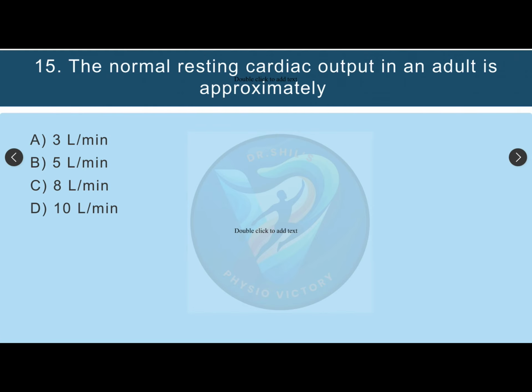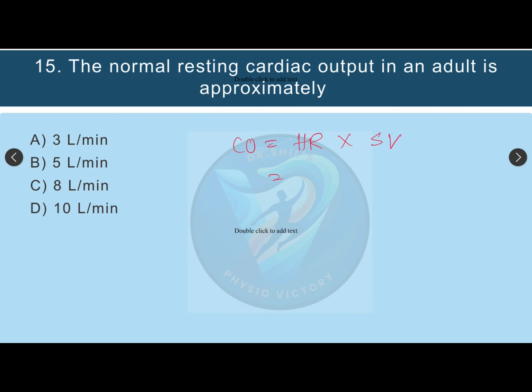The normal resting cardiac output in an adult is approximately option A 3 liter per minute, option B 5 liter per minute, option C 8 liter per minute and option D 10 liter per minute. So the cardiac output is heart rate into stroke volume.